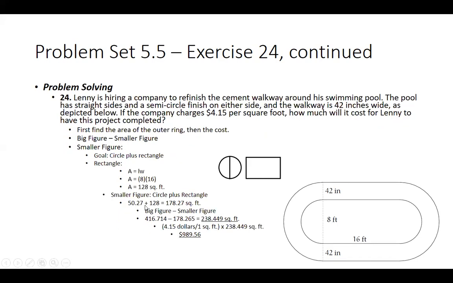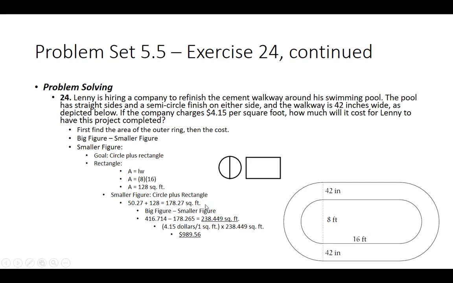Now for the little rectangle, area is length times width. It's going to be 8 times 16, or 128 square feet. So for the smaller figure, it's the small circle plus the small rectangle. That's 50.27 plus 128, or 178.27 square feet.